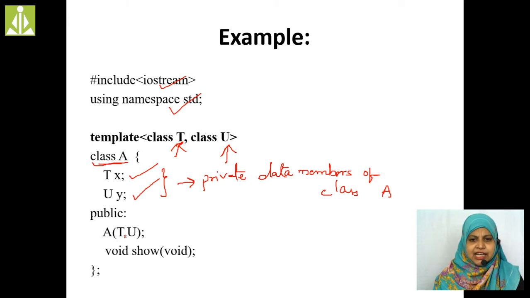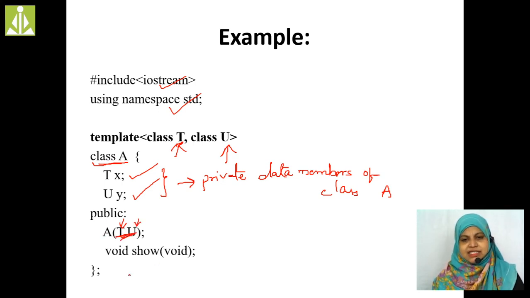In this constructor, I am going to pass T comma U. T is related to one class, U is related to one more class. It means I am going to pass a parameter of class T and a parameter of class U. These two parameters I am going to pass in the constructor of class A.